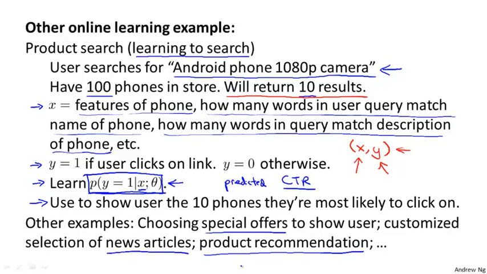And of course, one other advantage of online learning is that if you have a changing pool of users, or if the things you're trying to predict are slowly changing, like if your user taste is slowly changing, the online learning algorithm can slowly adapt your learned hypothesis to whatever the latest user behaviors are like as well.